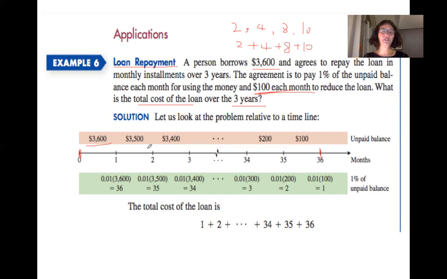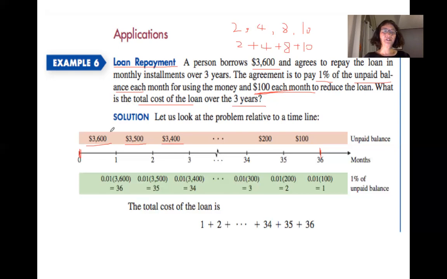So next month the balance becomes 3,500, the month after becomes 3,400, etc. But the other condition is you have to pay 1% of the unpaid balance each month.